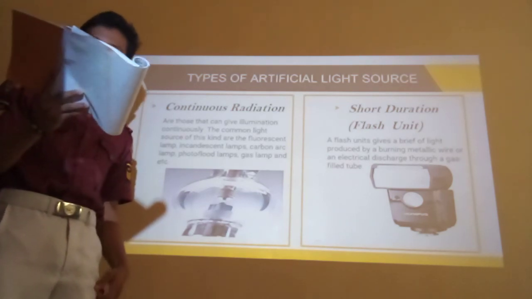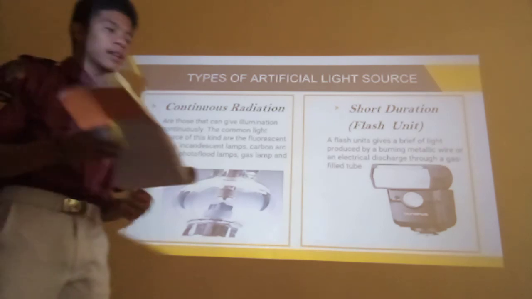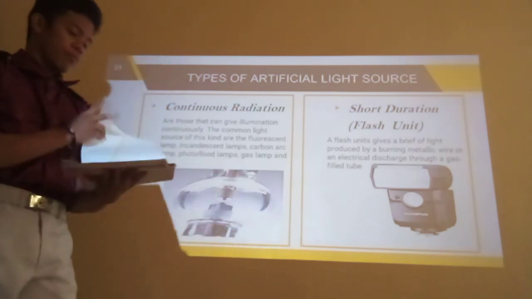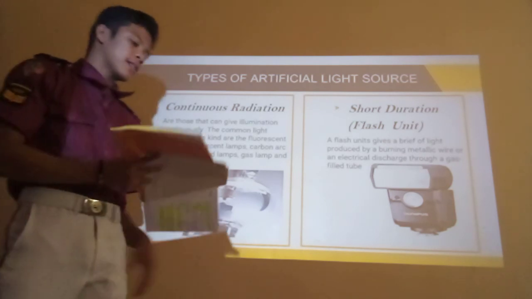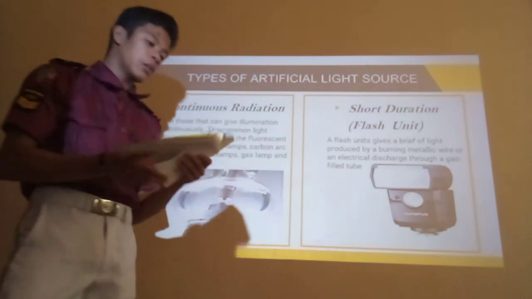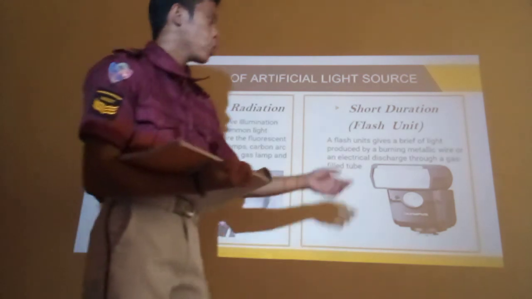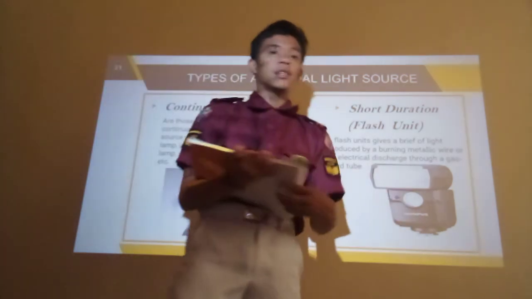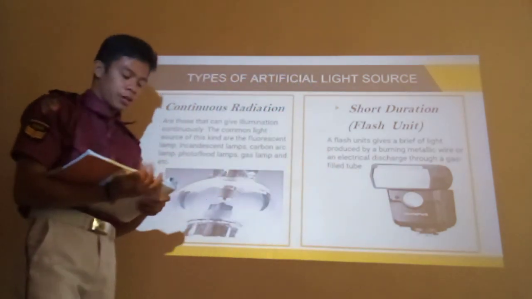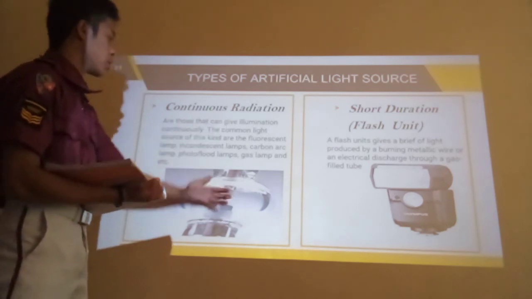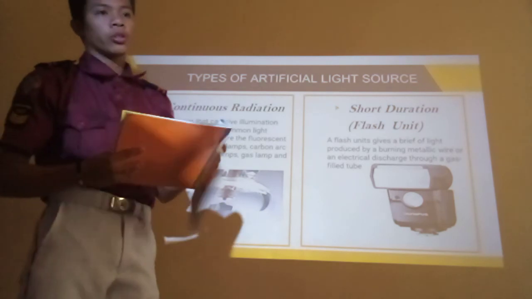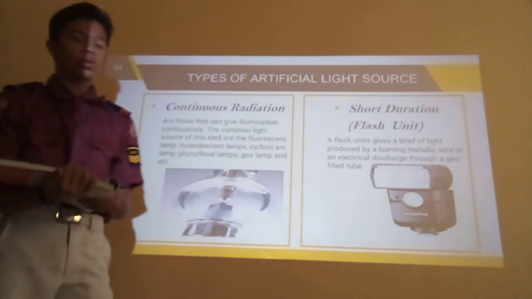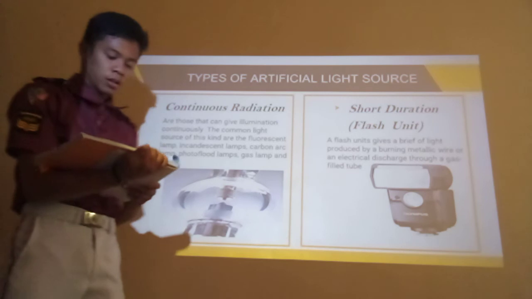It does not have the effect of heat and glare during setup that common continuous light sources have, because it is battery powered. This flash unit is battery powered, while this continuous radiation is like a switch. We can use a switch for this continuous radiation.